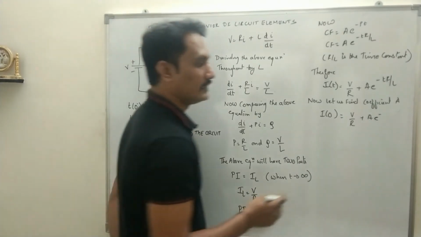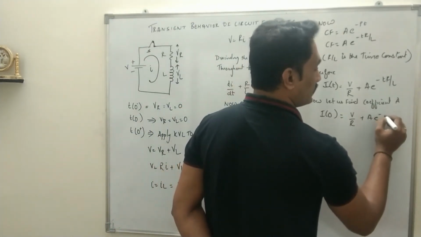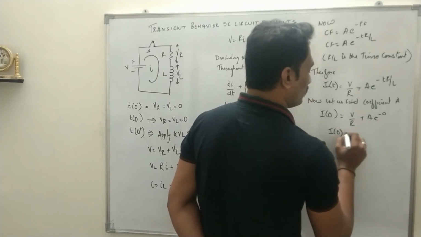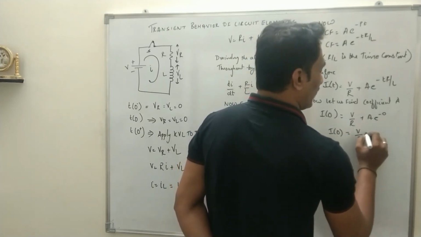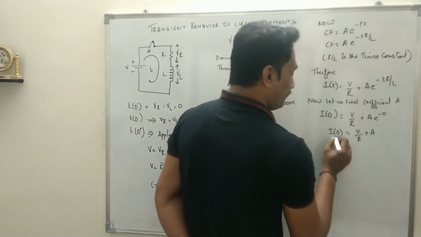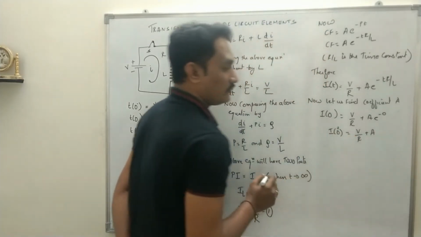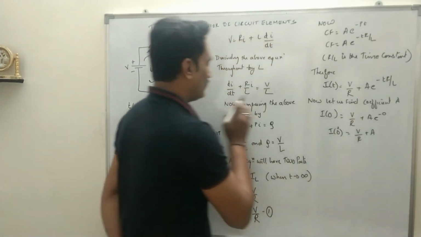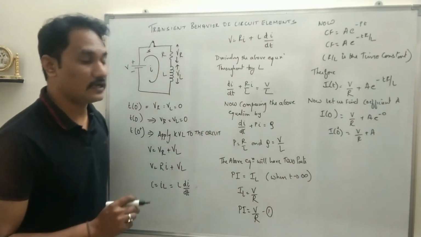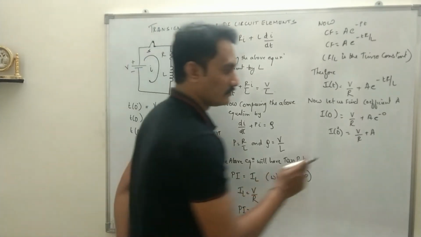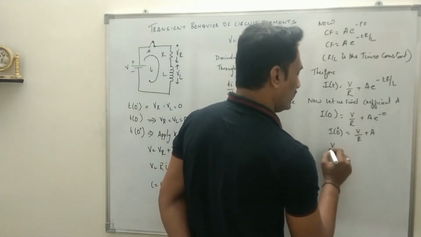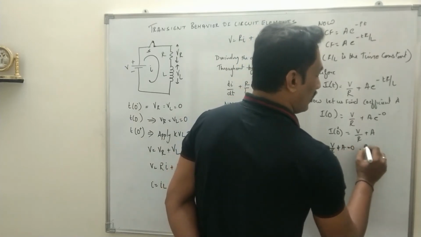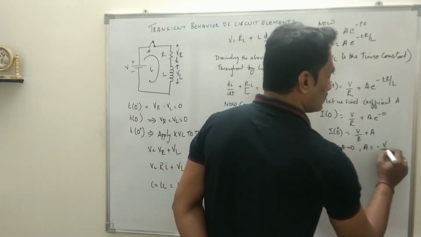So anything raised to power 0 is 1. So i of 0 is equal to V by R plus A. And if you consider it to be at 0 plus, the inductor will oppose any instantaneous current. So this equation will equate to 0. So V upon R plus A equals 0, or we can say A is equal to minus V upon R.